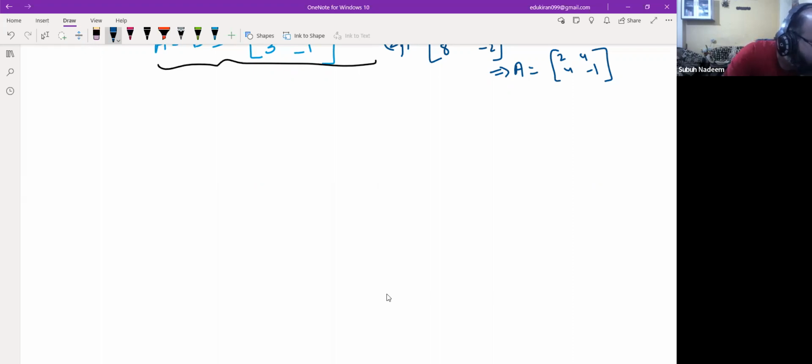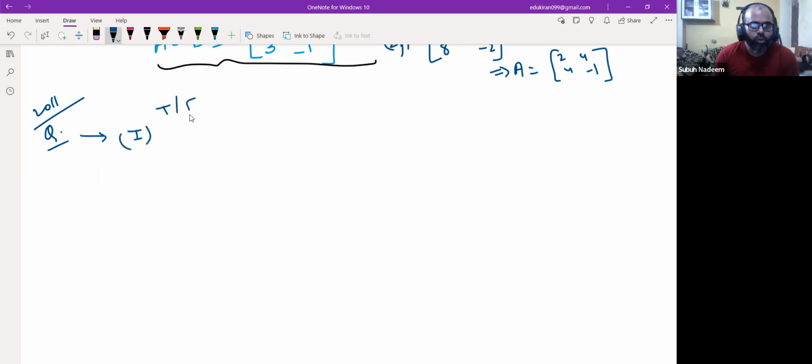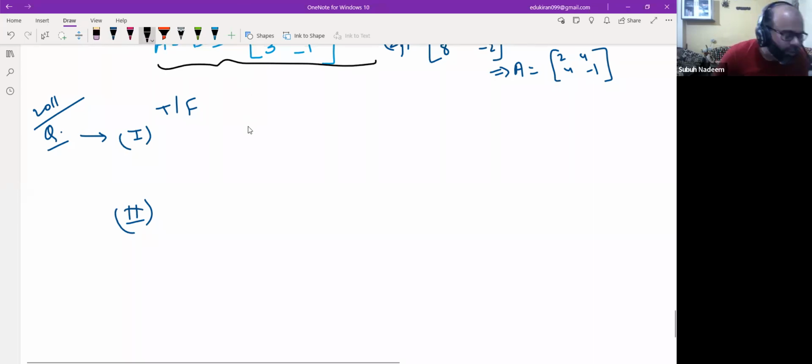There is a question of assertion reason which has been asked in 2011 of symmetric and skew symmetric. So I will ask it in a different manner. I am not asking it as the assertion reason. I'm just asking as a true false. So you will have to just tell me whether statement 1 is true or false. Similarly, statement 2 is true or false. Because if you can give that answer, you can solve that question.